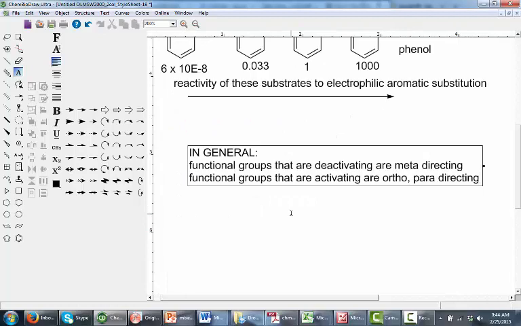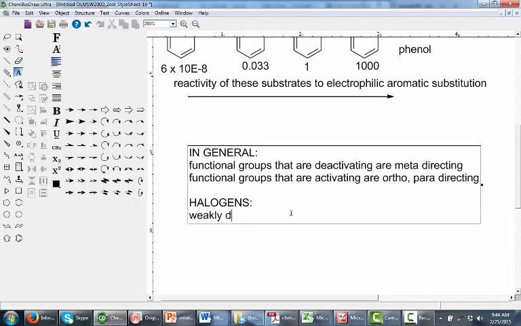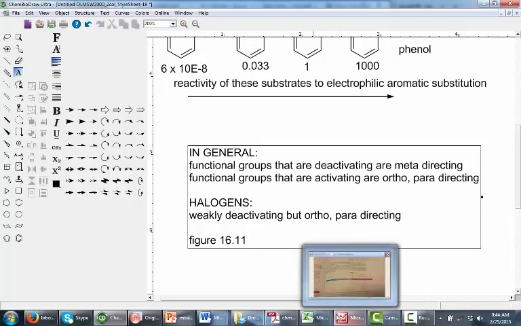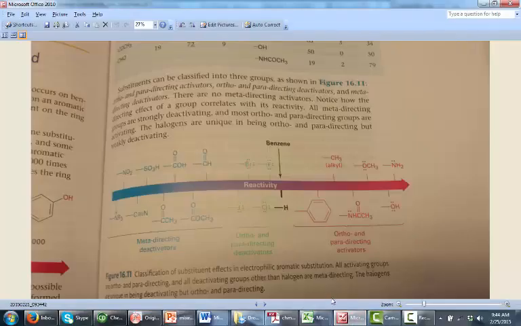The only exception to this is the halogens. Halogens are weakly deactivating, but ortho-para-directing. And you can go to your book, this is figure 16.11 in the book, has a summary chart of how different functional groups affect the reactivity and the regioselectivity of these reactions.